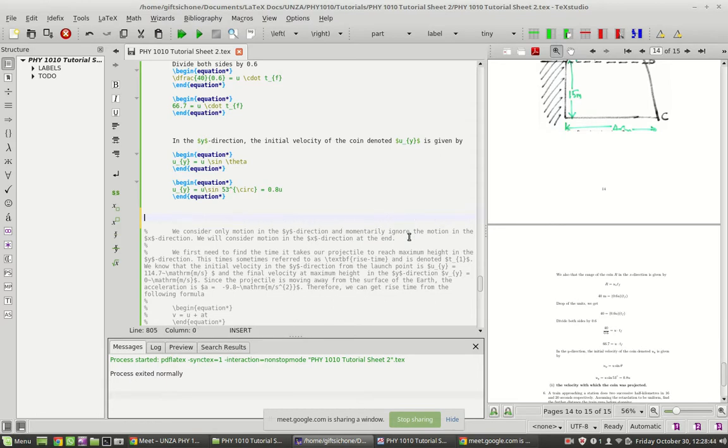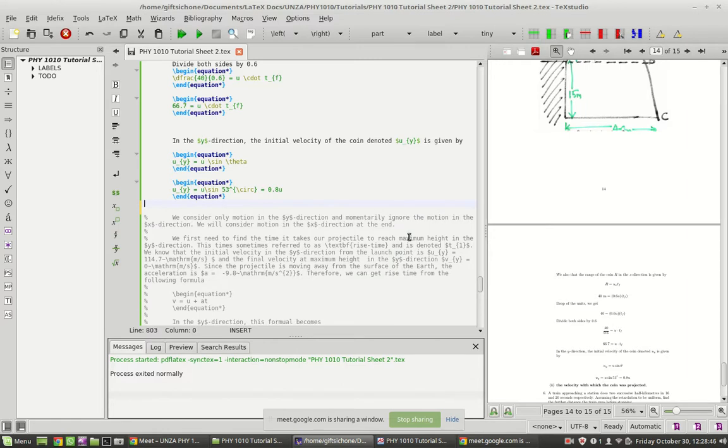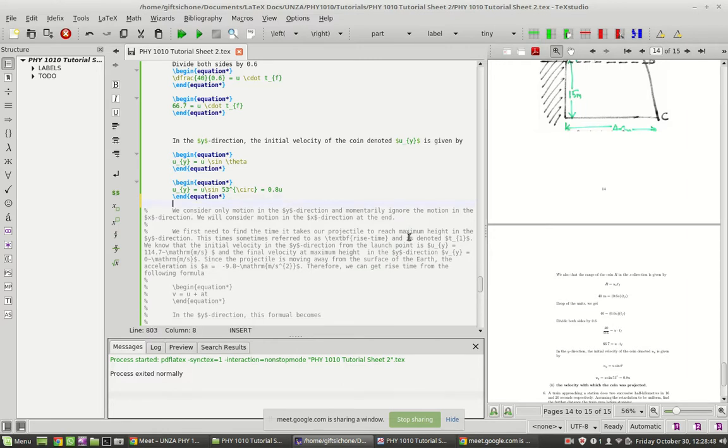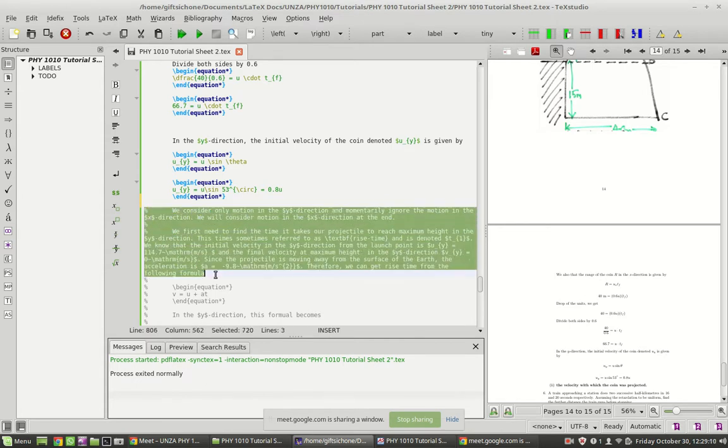When it reaches maximum height, in the y direction, the velocity at that particular point becomes equal to 0. Okay?